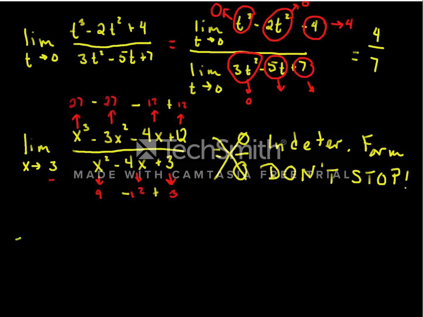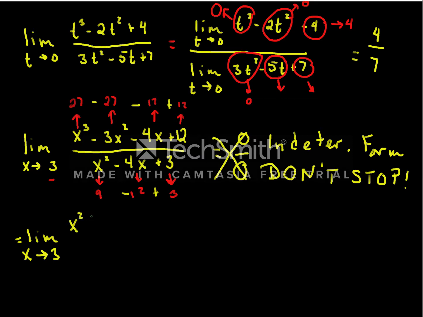So this is equal to the limit as x approaches 3. And let's see how the top factors. Well, I've got a cubic here, but I see that I've got an x squared and x cubed here, and I've got a 4 and a 12, so there's some hopeful things to cancel. So the top, I can factor the first two terms, I'll factor an x squared out.